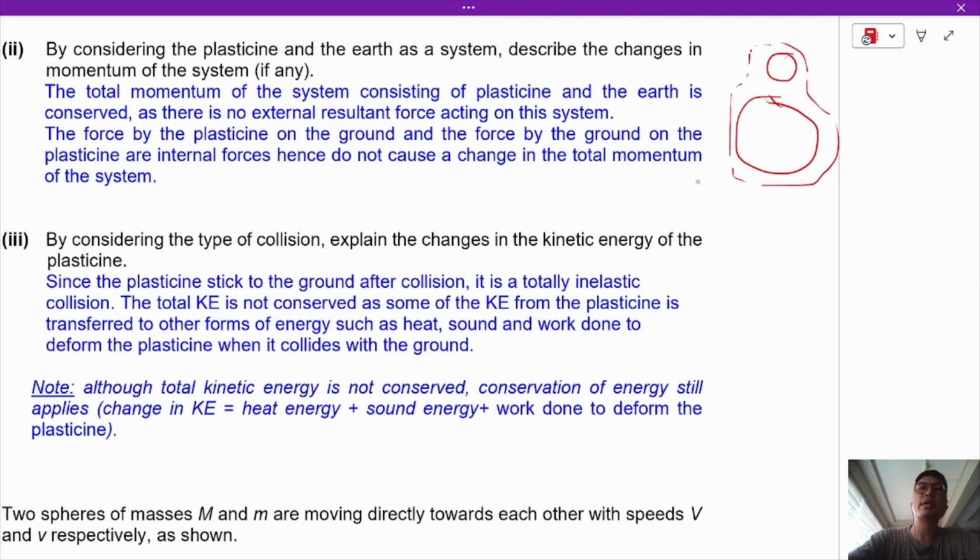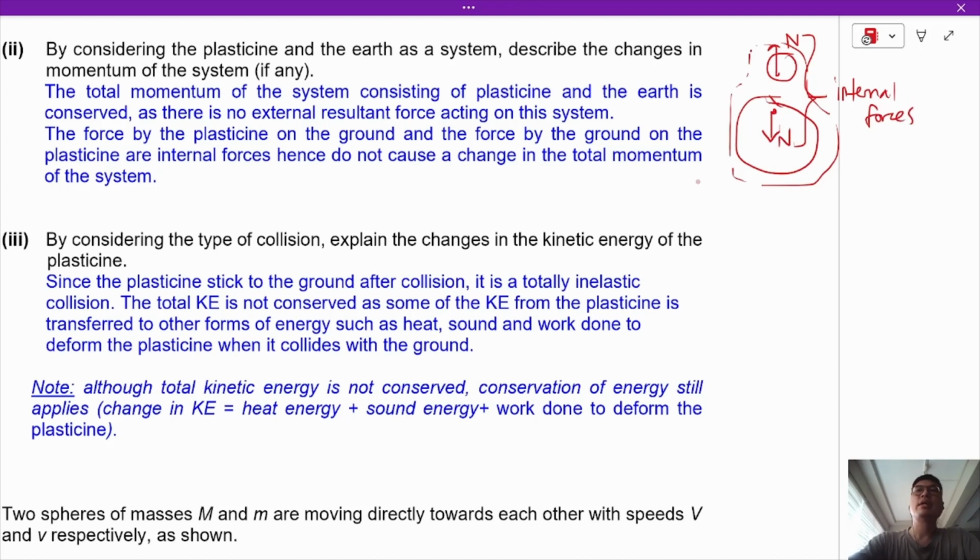Because you see, both objects are now in the system. The plasticine will exert a normal force on the ground, and the ground will exert a normal force on the plasticine. But since these two forces come from inside the system, they are considered internal forces.